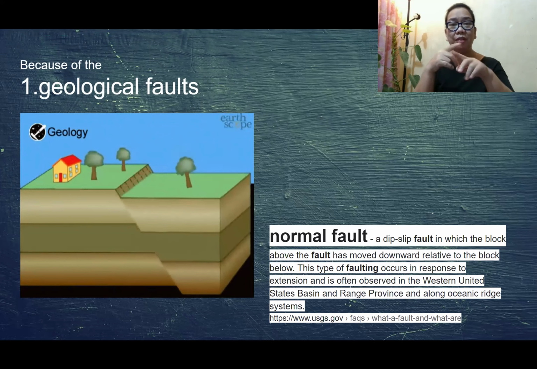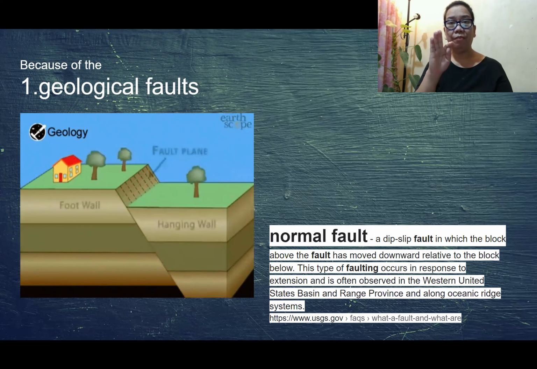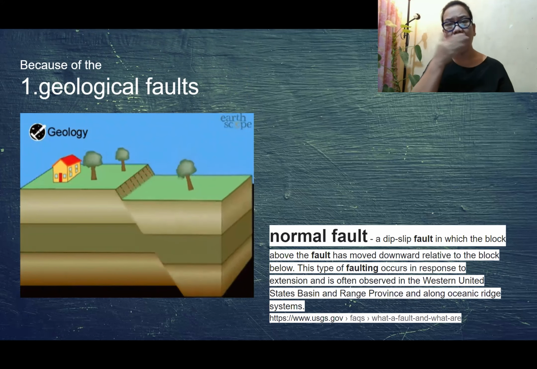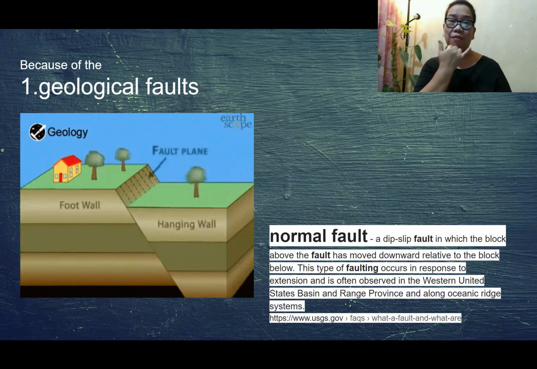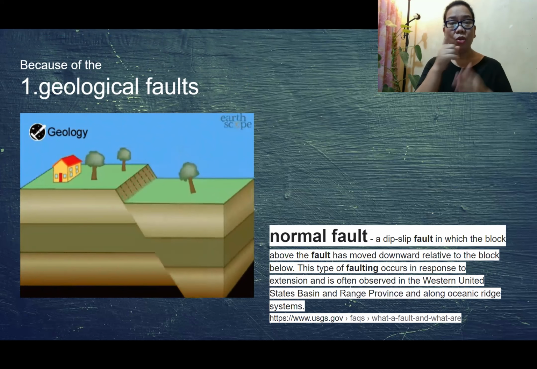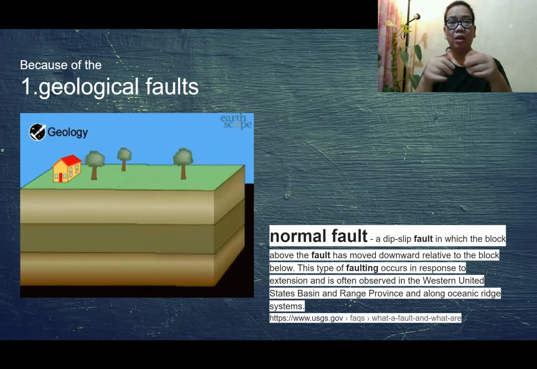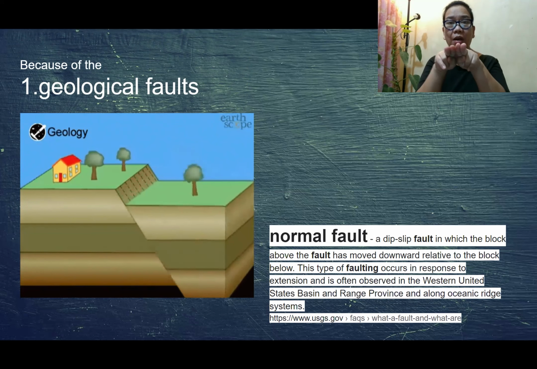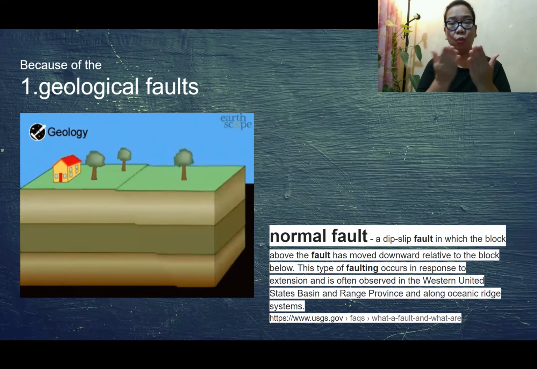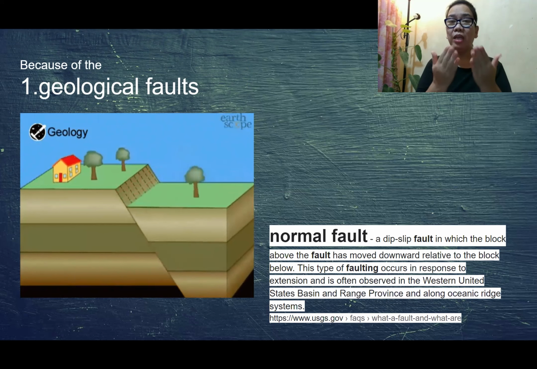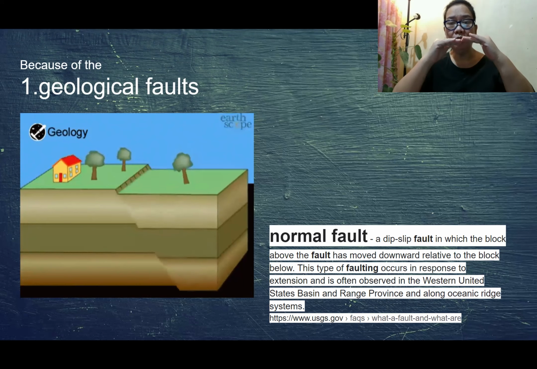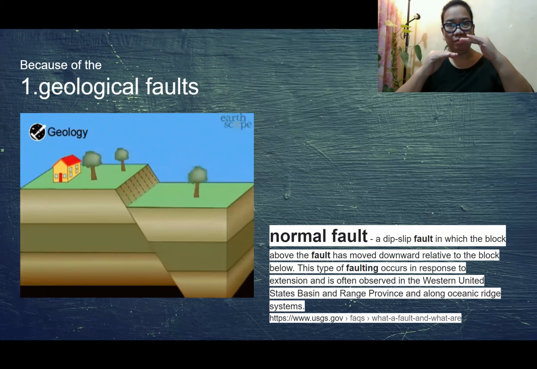We have different kinds of faults. One is what you're seeing right now. This is called the normal fault, in which the block moves downward.